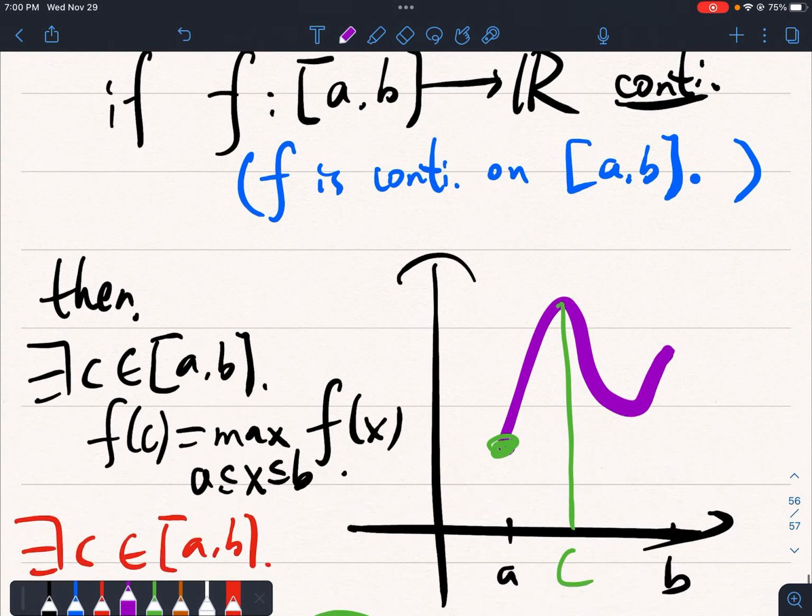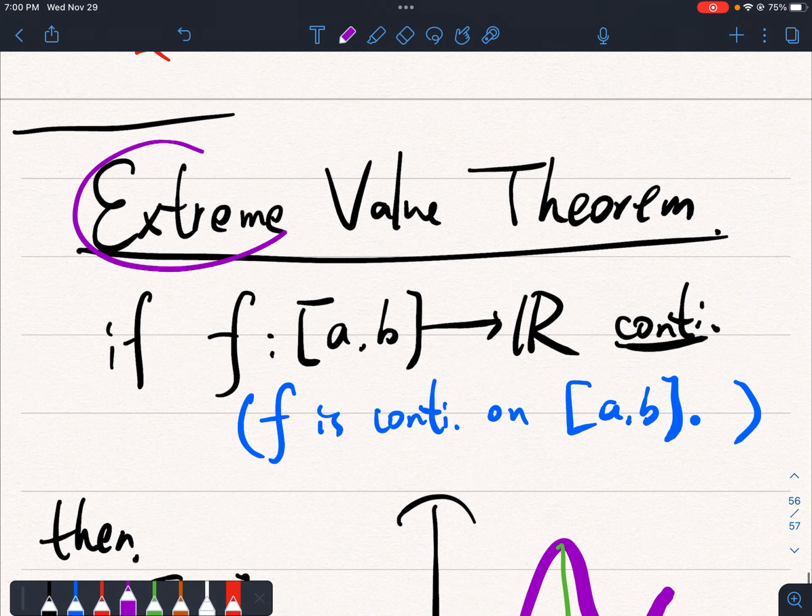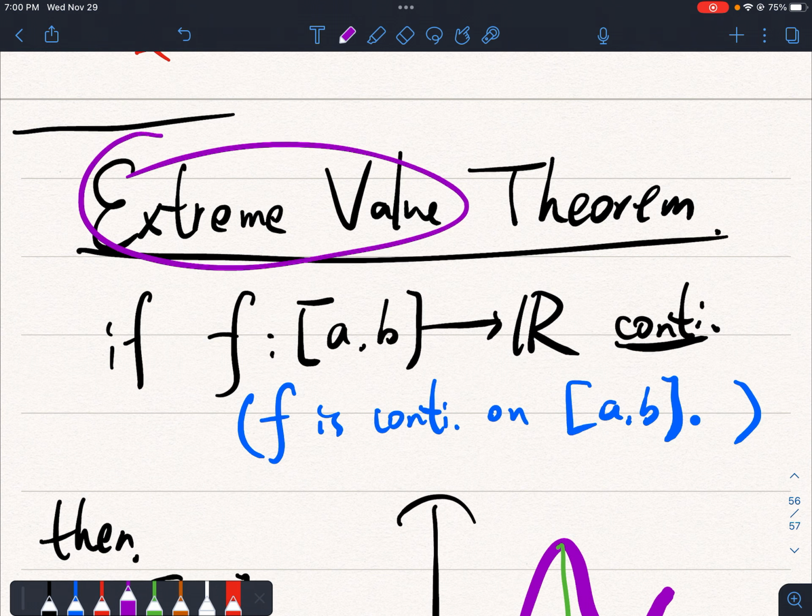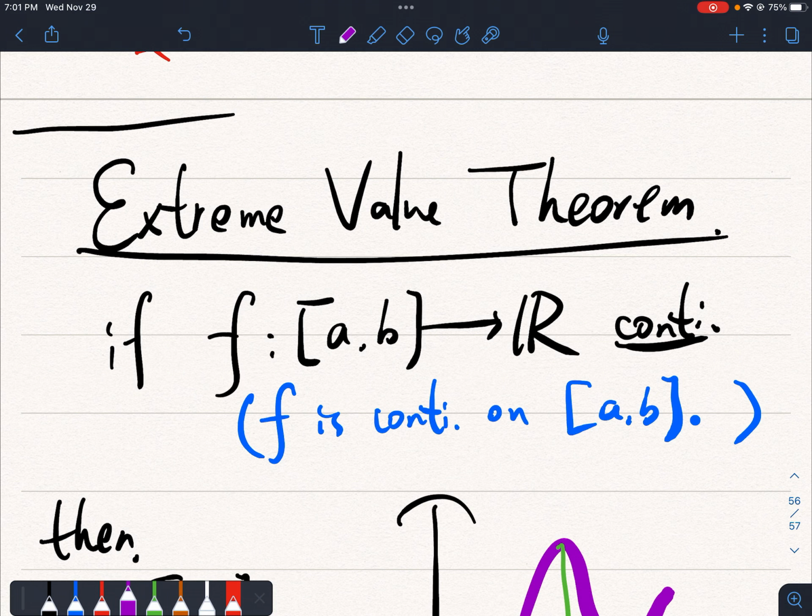And these two points, the maximum on the interval and the minimum on the interval, are called the extreme values on the interval. So that's why it is called the extreme value theorem. Extreme value means it's either maximum or minimum, at least on an interval.